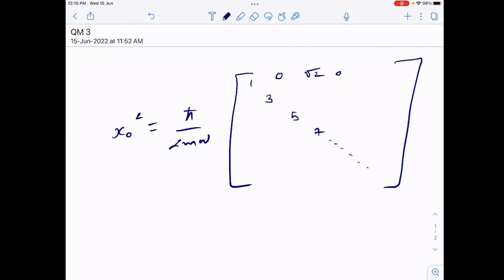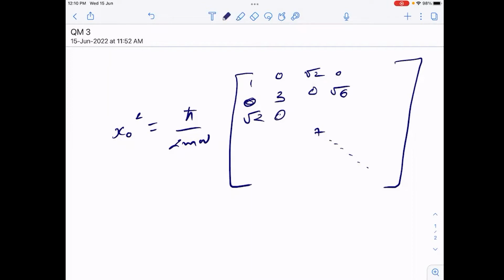Here, what else will be there? Root 6. Similarly, I am not writing the perfect matrix. Yes, this is 0, not 6. Again, here root 2, 0. This 5 should be here.